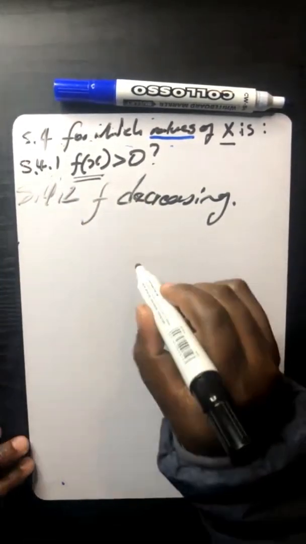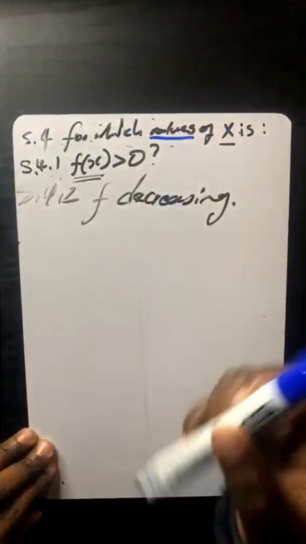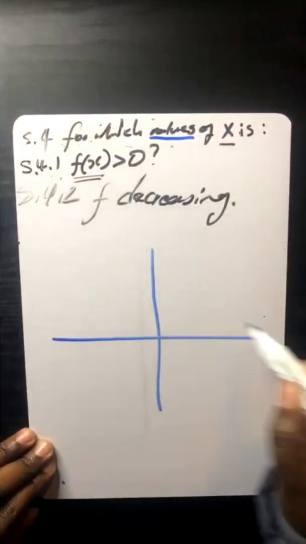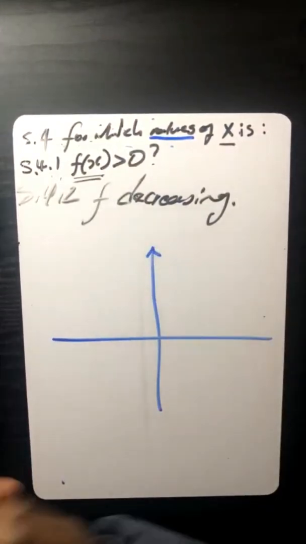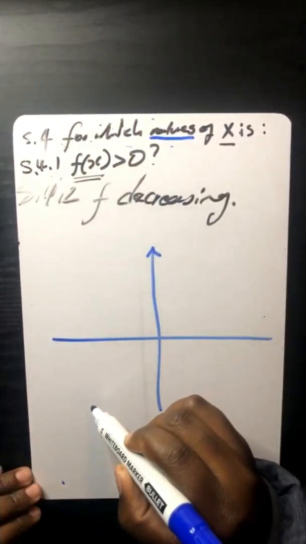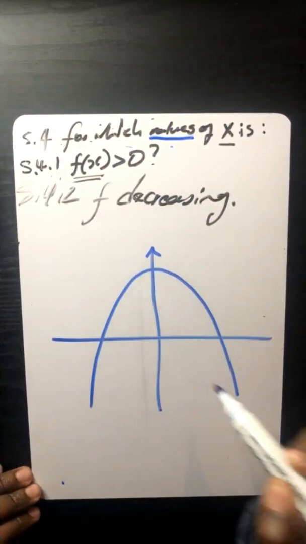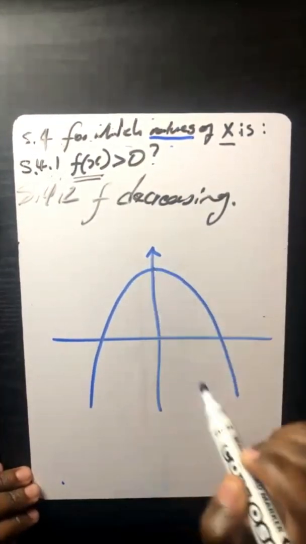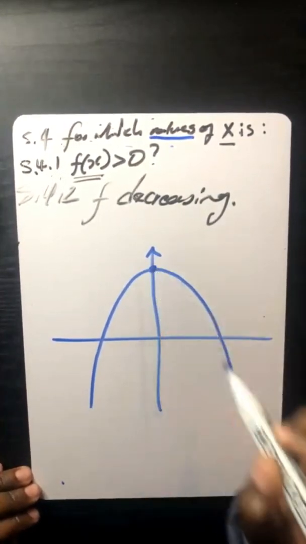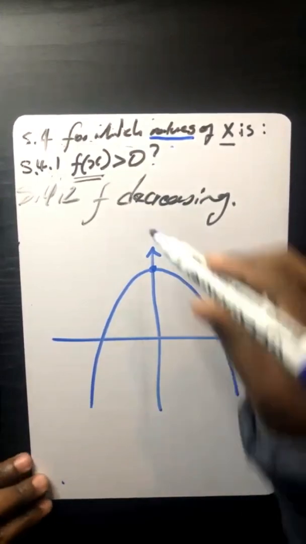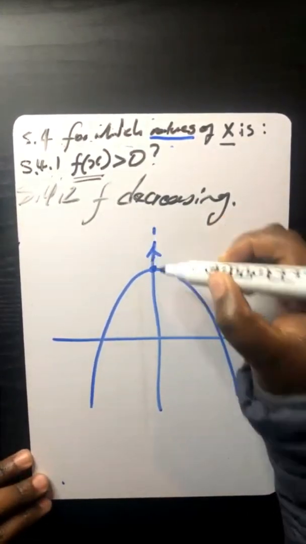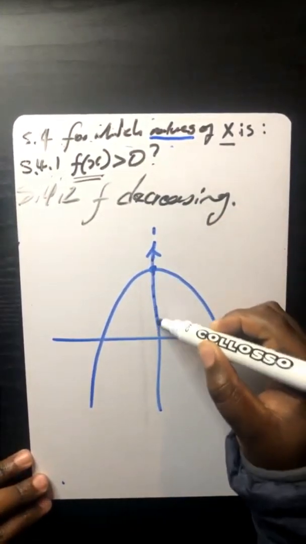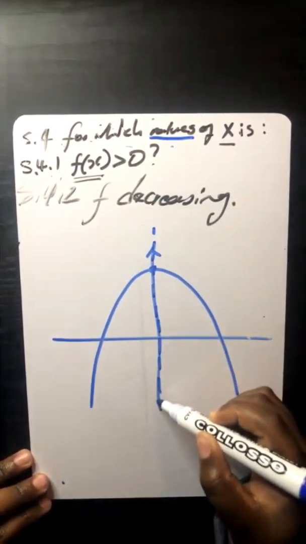When you have a function drawn on a Cartesian plane, when we talk about a hyperbola, it makes a shape similar to that one. It makes a U-turn right there.